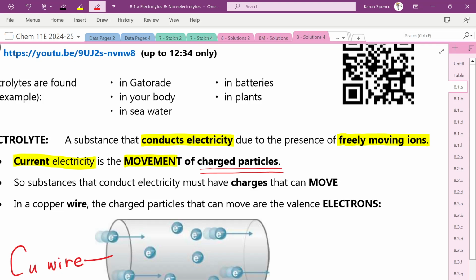What moves in a copper wire for it to be a current electricity? You guys don't know? Yes, you do. Electrons. Okay, so in the copper wire, it is electrons that flow.